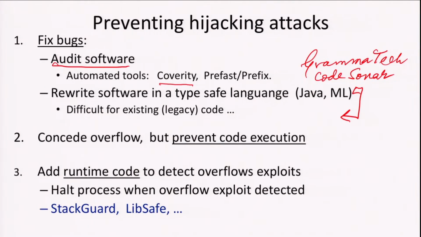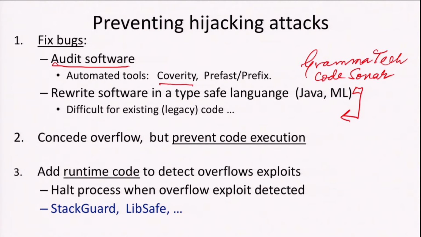Of course, the programming language experts will tell you that don't write in C and Perl and Python and all these unsafe languages. Use type-safe languages like Java and ML or Haskell.